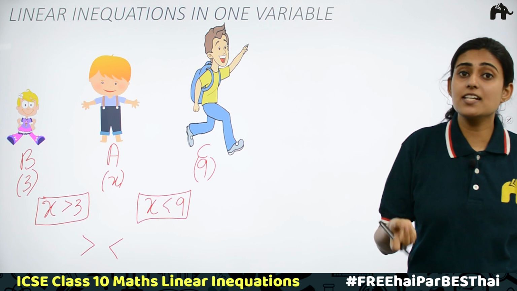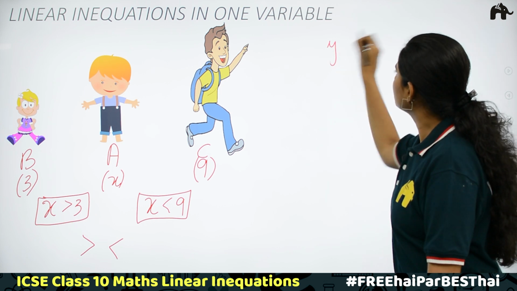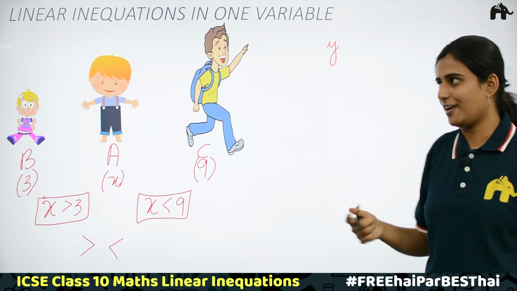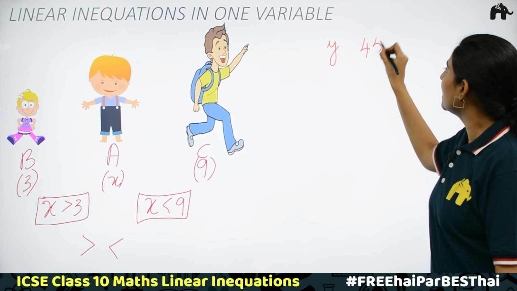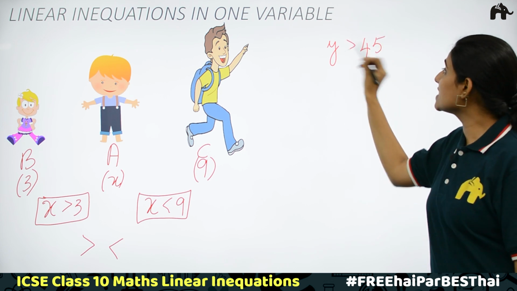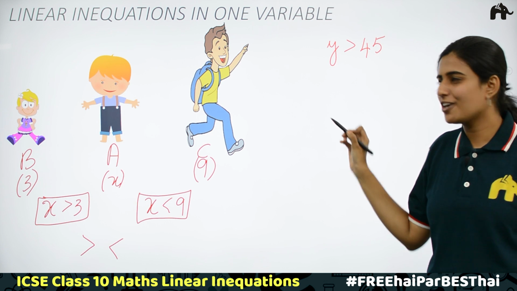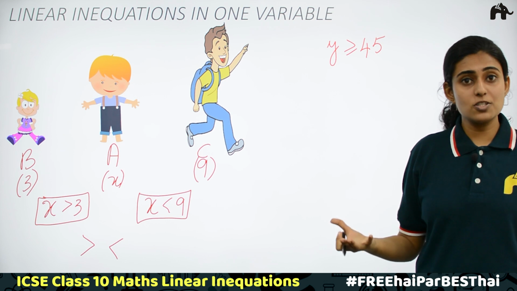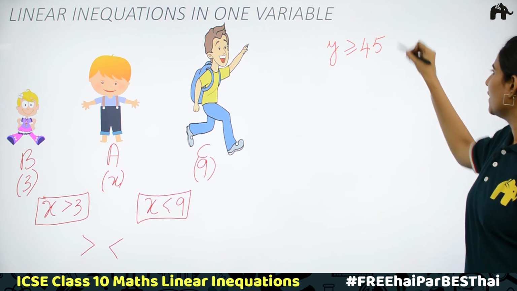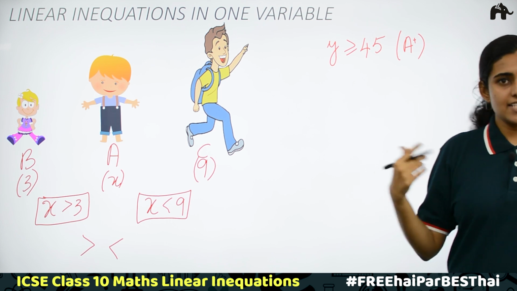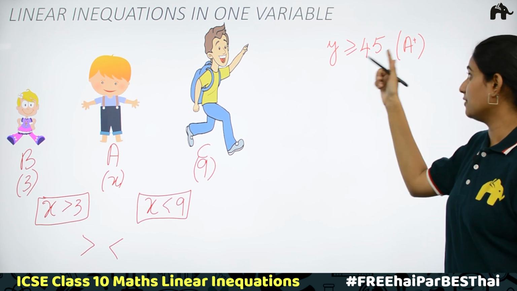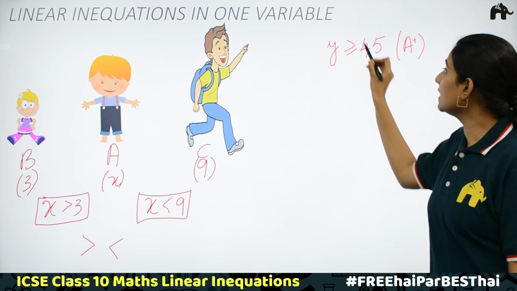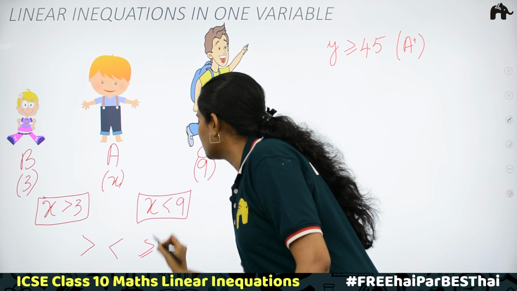Let's say the mark he scored is some Y. He should get 45 or above 45, which means his mark should be greater than 45. Not just greater than 45, greater than or equal to 45. If he gets 45 marks, then also he will be getting A+. Clear? To get A+, at least he should get 45, for which we are using another inequality, that is greater than or equal to. This is our third inequality, greater than or equal to.